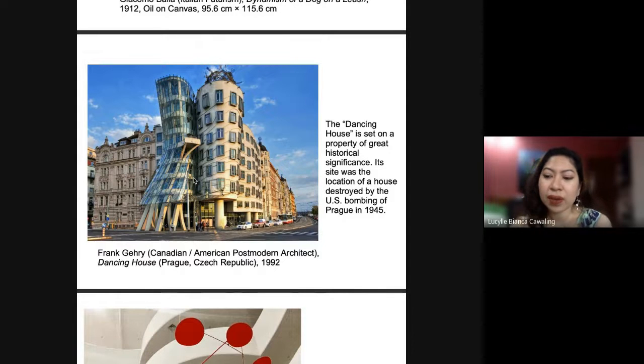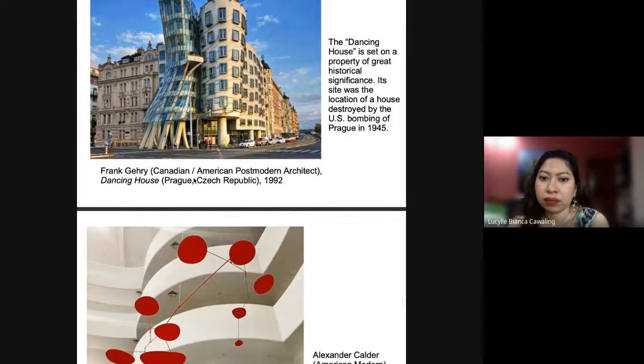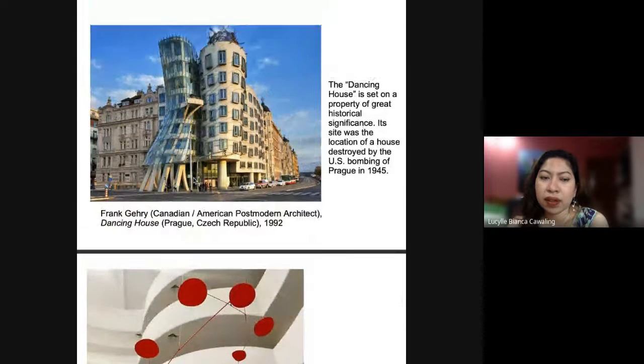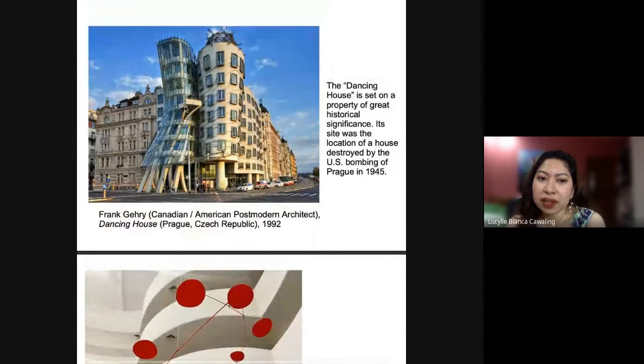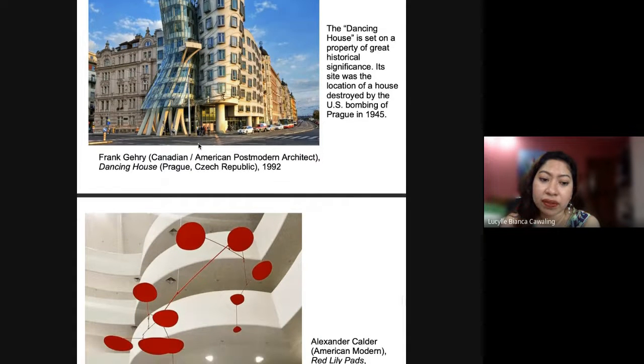So that is why it's called the Dancing House. Oh, and one thing, it's done like that because this was originally a house, and it was destroyed by the U.S. bombing in Prague in 1945.